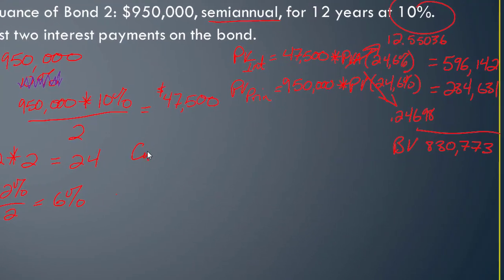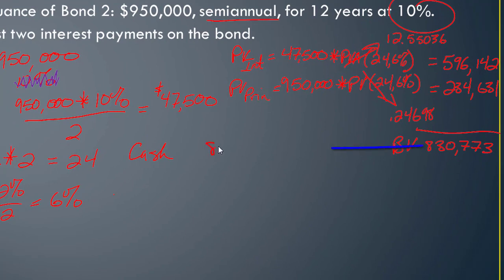So we're going to get cash if we sell this bond of 830,773. We're going to have a bond payable of 950,000 and a discount for the difference of 119,227.